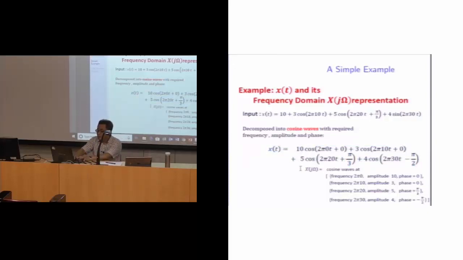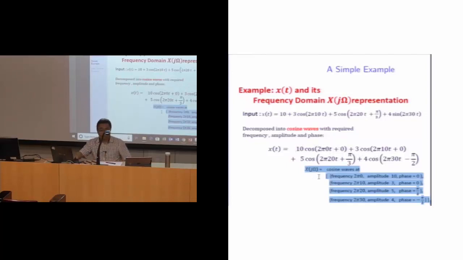With this, we now can write what we mean by a frequency domain representation. We now can see that there are 4 terms. These 4 terms at which frequency? The first one is 0, the second one is 10, the third one is 20, and the last one is 30. And at each of these frequencies is a corresponding magnitude and phase.